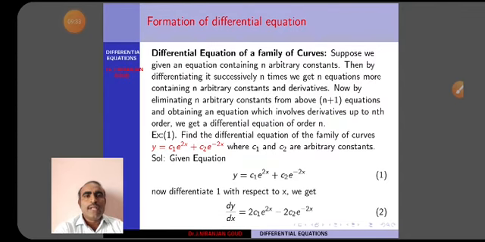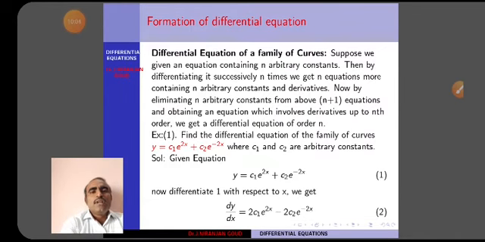Now by eliminating the n arbitrary constants from these n plus 1 equations, you will get an nth order differential equation. So there are n arbitrary constants, so we are allowed to differentiate n times.